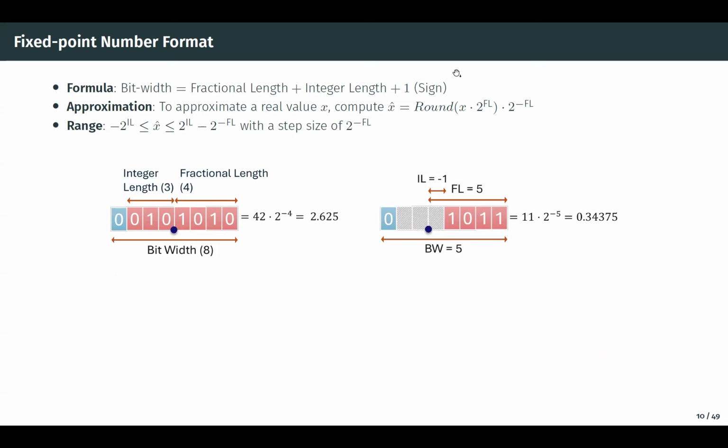We have a formula where we multiply a number by 2 raised to the power of the fractional length. So we are introducing something like a scale to be able to represent more precise numbers. This is a very efficient way of using the lower bits while still achieving good precision.